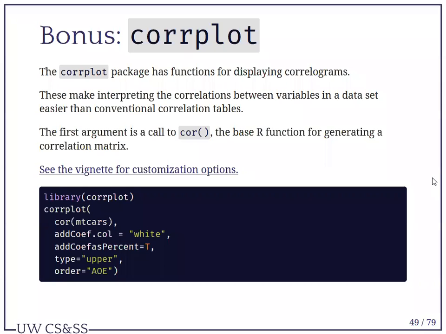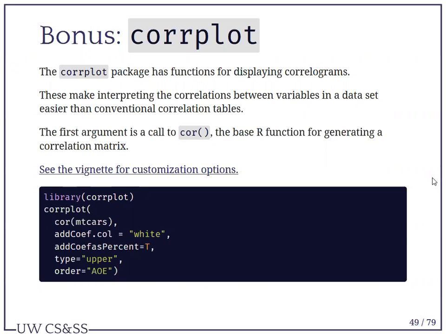One bonus thing that I think is really neat and pretty quick is the corrplot package. It has functions for displaying correlograms. These make interpreting the correlations between variables in the data set easier than conventional correlation tables.